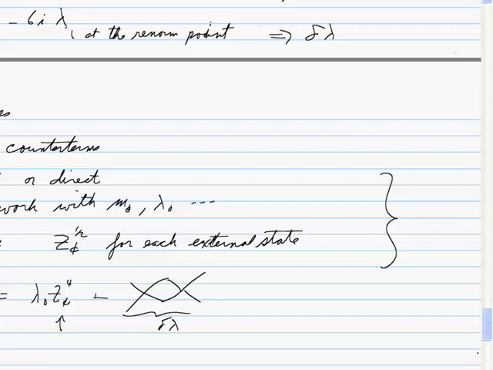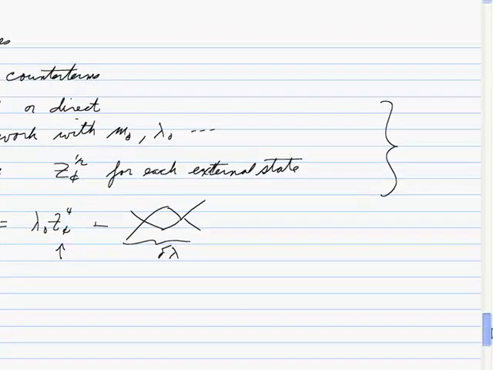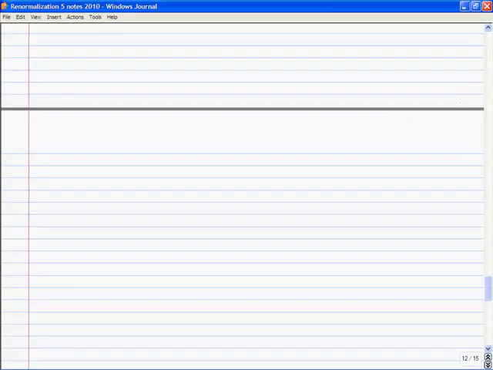Okay, so that's the technique. What we've done is the philosophy, the practicality, and some of the practicalities of doing diagrams. The last thing that we have to talk about is renormalizable versus non-renormalizable theories.